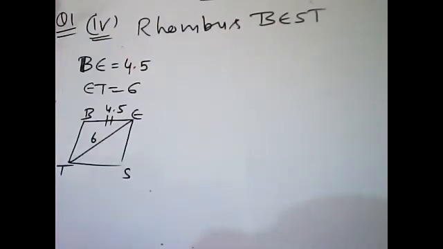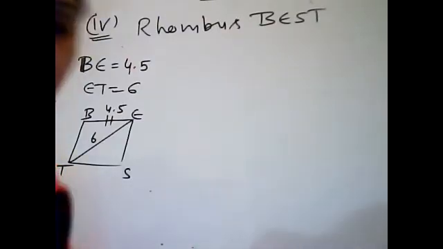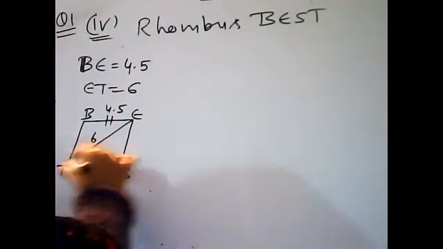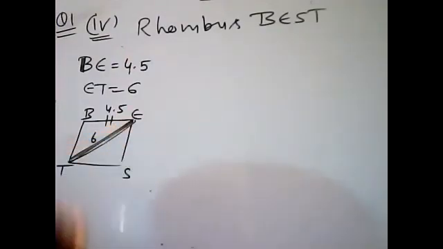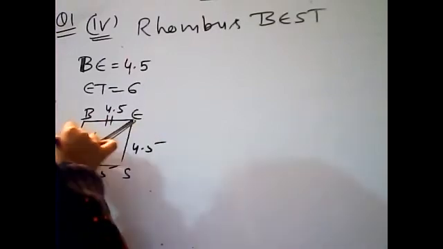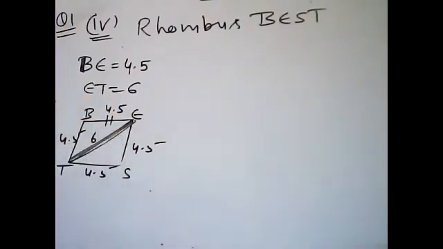Yesterday I told you that whenever diagonal will be given to you, you will start the construction with the diagonal. This is diagonal ET. And one property of rhombus we will use, that all sides of rhombus are equal. If one side is 4.5, then the other sides will also be 4.5 each.